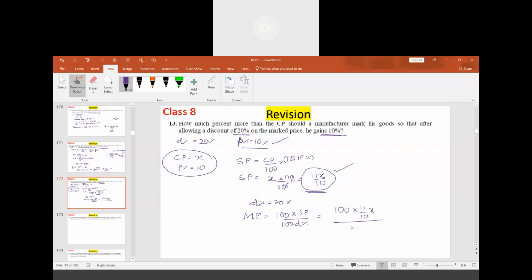So 100 times 11x by 10, which is the selling price, divided by 100 minus 20, which is 80. One of the 0s gets cancelled here and one more 0 here. We get 11 by 8 times x. This is the market price.